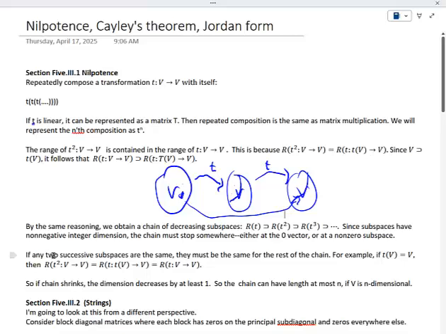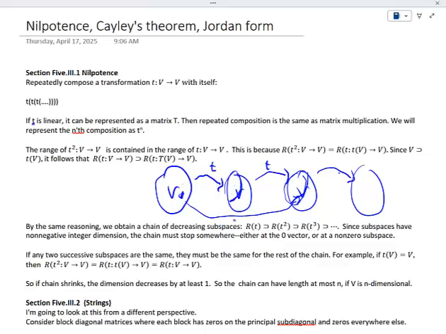On the other hand, if two successive subspaces are the same, then they must be the same for the rest of the chain. What that means is, for instance, if the range of T is the same as the domain, then when I apply T again, I'm applying it to the entire space V, right? So for instance, if I add another one here, and this subset is the same as this subset, right?